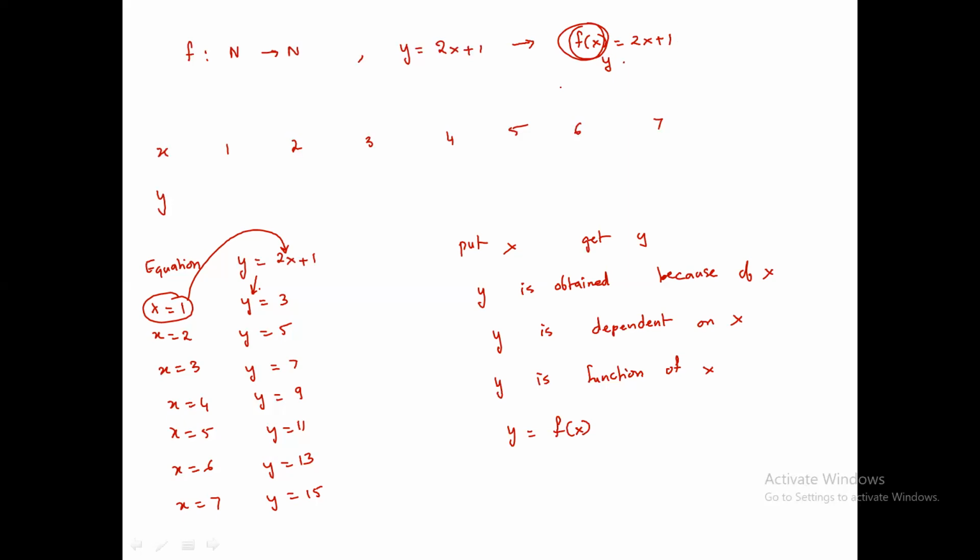Y is function of x. Sometimes I will write y equal to 2x plus 1. Sometimes I will write f of x equal to 2x plus 1. You must not get confused. Okay, so I will fill the table. Y is 3, 5, 7, 9, 11, 13 and 15 based on values of x.